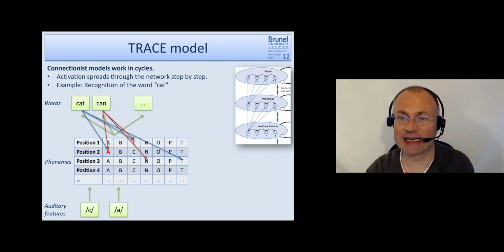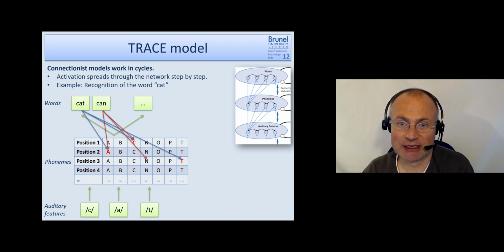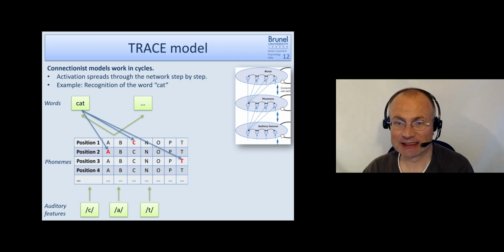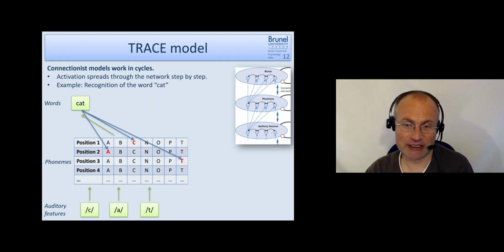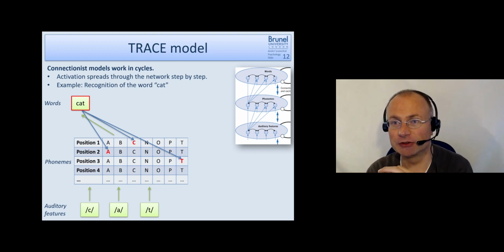So it's thinning out, it's pruned out a little bit. Then I hear the T sound as a third letter, and I can remove can from my cohort, so that only cat is left over as the final word, and I can select that word from my lexicon and then do the further syntactical processing.